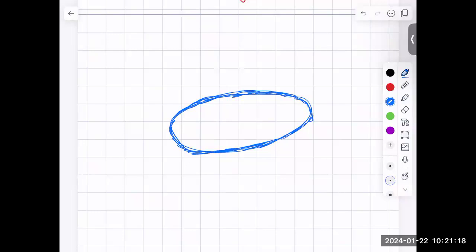All right, let's draw a coordinate system. So this will be, let's say, my z-axis. This will be my y-axis, and then over here will be my x-axis.